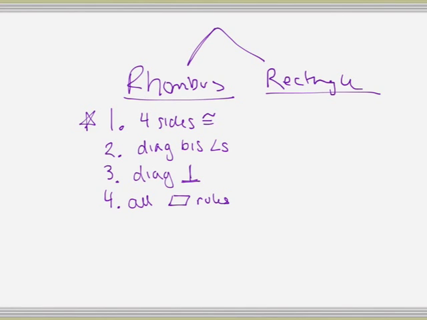Under rectangle, we want to list out 3 things here. The first one should be our definition. What is our definition of rectangle? 4 right angles. This is important: I want to make sure that you say that it is 4 right angles, not just 4 congruent angles.